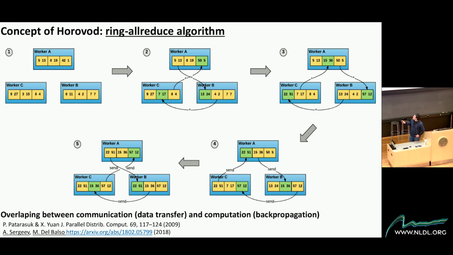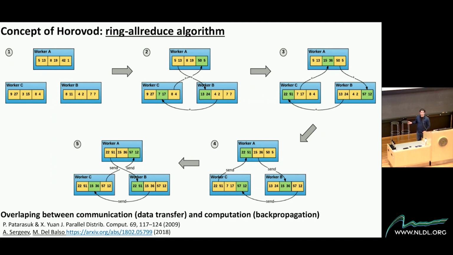And worker B will do the same: it will exchange its value with worker C and compute the average. And C will do the same with A. So it will exchange the value of the subgradient with A, and then it will compute the average, which is 55. And you do that over and over, so at the end all the workers contain the same value of the gradient.